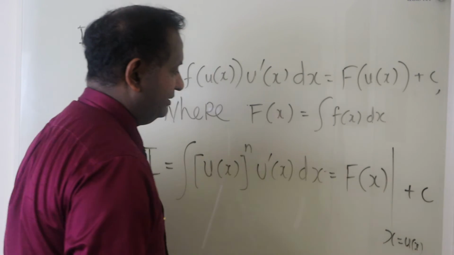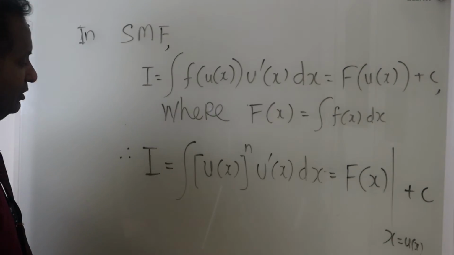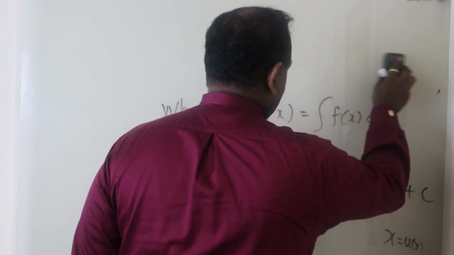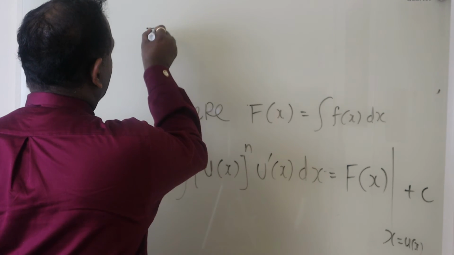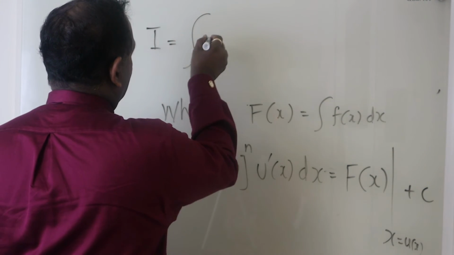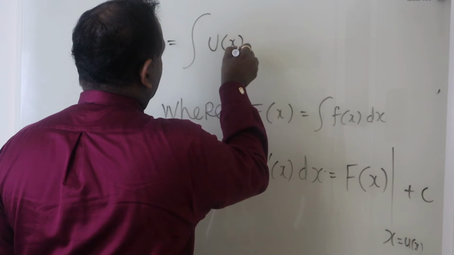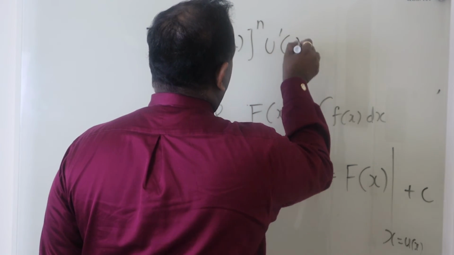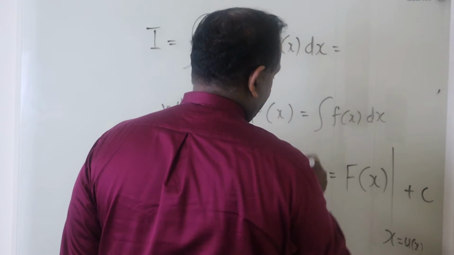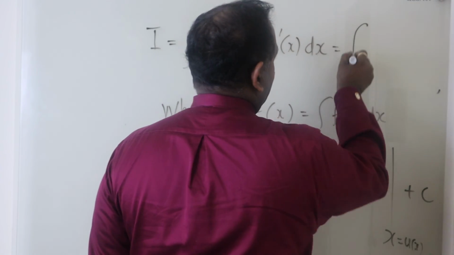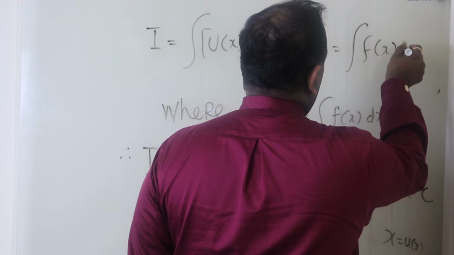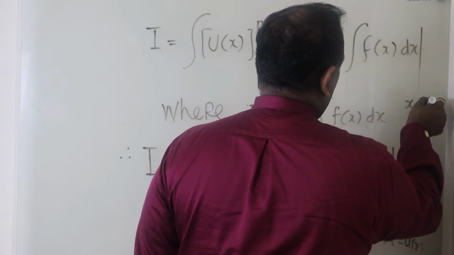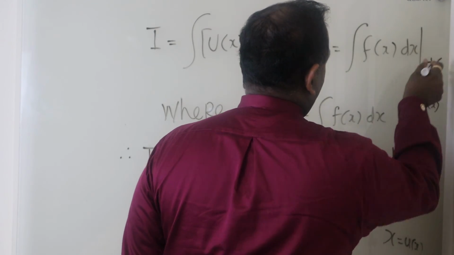It's the same. So I can easily replace that: integral ux to the n u prime x dx equals integral f of x dx, and x has been replaced by ux plus c. See?